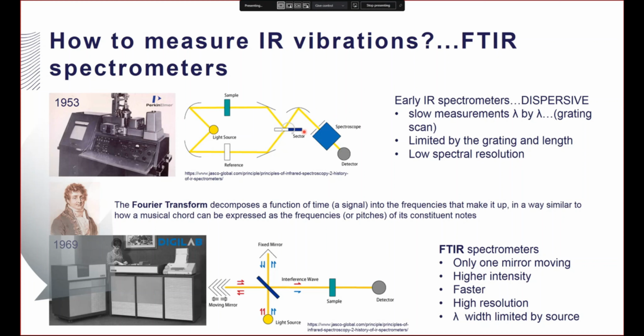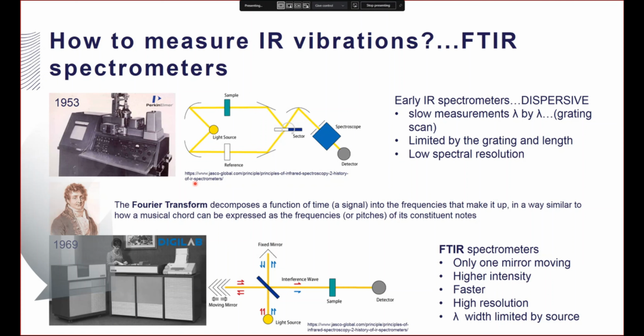Thanks to the studies of Jean-Baptiste Fourier and his Fourier transform, which decomposes a function of time, so a signal, into the frequencies that make it up, it was possible to optimize new systems. And in 1969, DigiLab invented the so-called FTIR spectrometer, the Fourier transform infrared spectrometer.